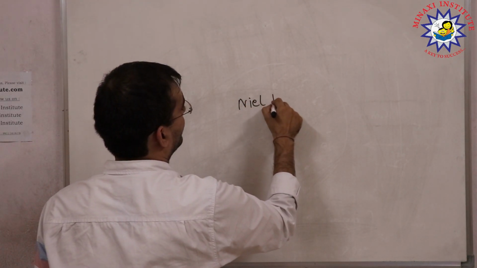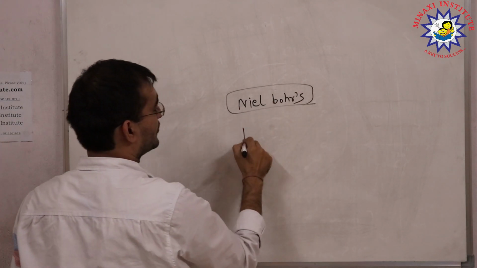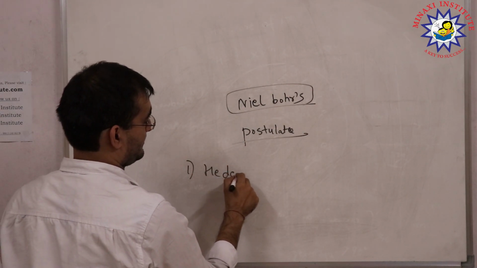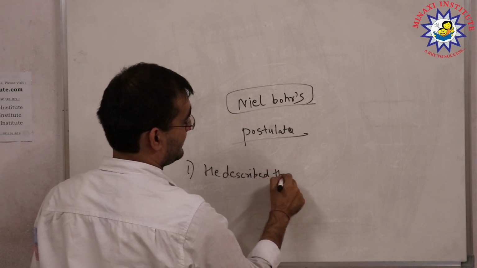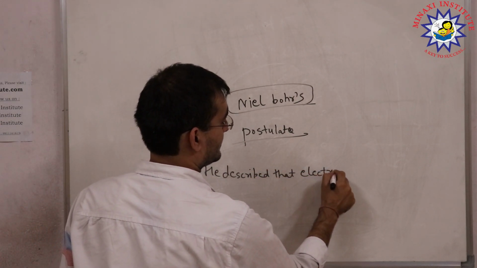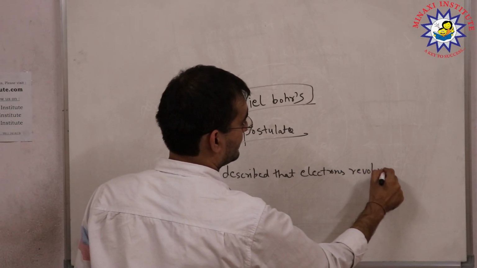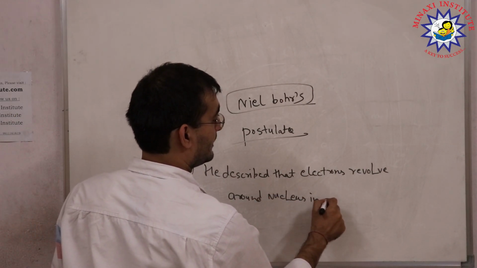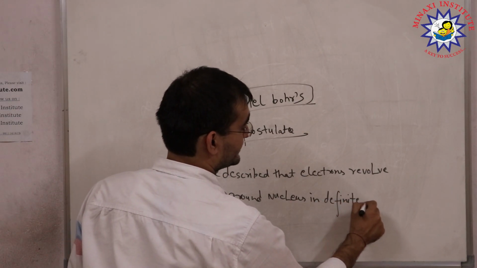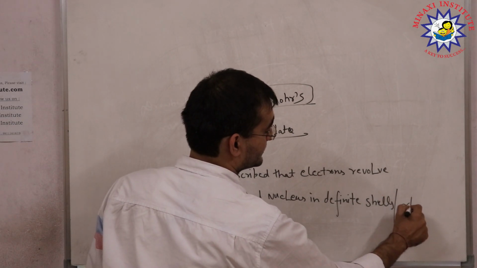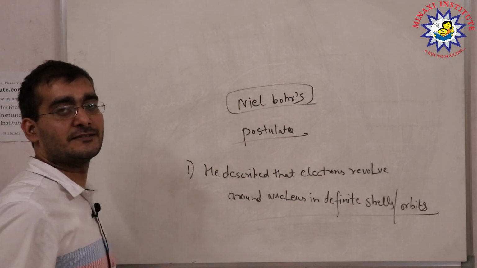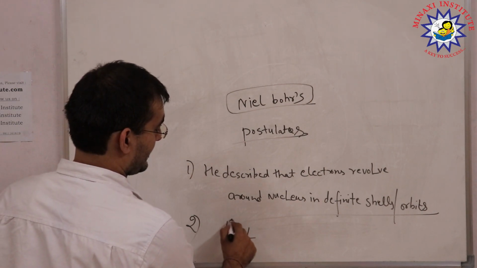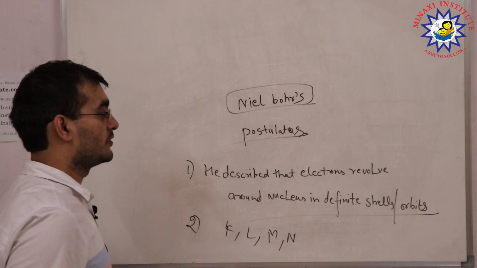Niels Bohr's postulates. He described that electrons revolve around the nucleus in definite shells, orbits, in different shells and orbits like K, L, M, N. Please note it down.